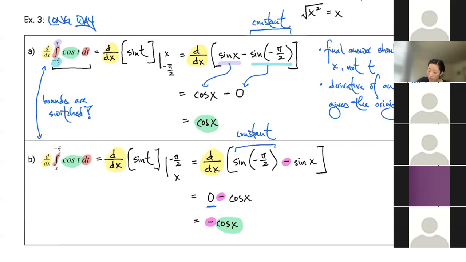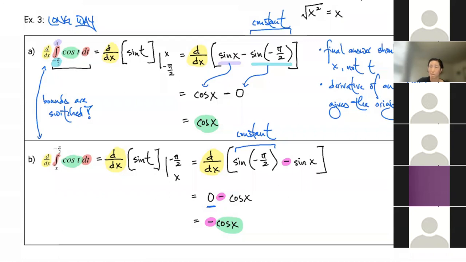And so because we have a 0 minus something, we end up with a negative function as our answer. So the order of the bounds will change the sign of your answer.